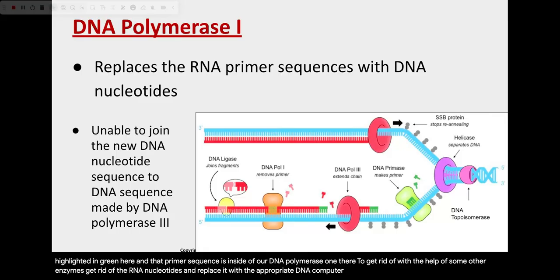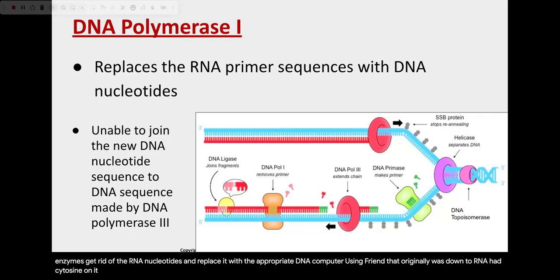So again, it's using the parent strand as the template. If the parent strand that originally was bound to RNA had cytosine on it, DNA polymerase 1 knows that it has to add in a guanine. We're still following that complementary base pairing rule.